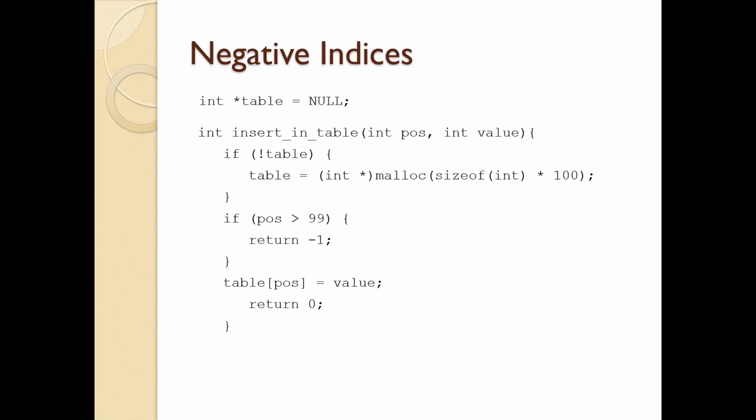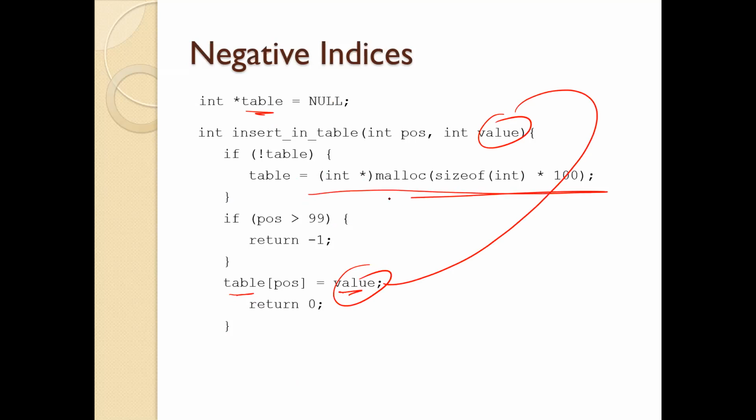So keep in mind it's like an array. You're trying to assign a value, which is passed over here, to this pointer, to basically some space in memory. Remember, you're using malloc, so you're allocating dynamic space in memory of size int, times 100. That means you have 100 int spaces in memory that you've allocated.